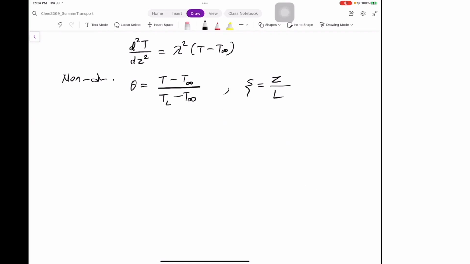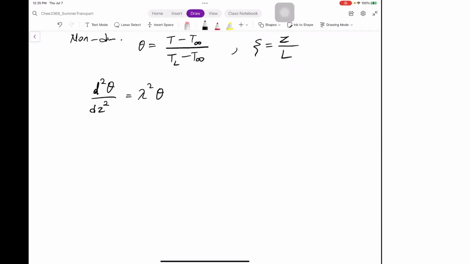If you divide both sides by TL minus T infinity, d squared theta over d z squared becomes lambda squared theta. And instead of the dz squared, you're going to have double derivatives with respect to z, but the dz is nothing but L times d psi.